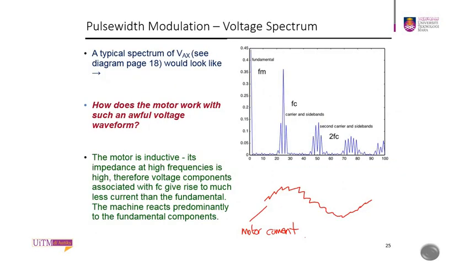So a typical spectrum, this is when we apply FFT to the voltage. If you look at the value of the fundamental, the percentage, this is maybe the second harmonic, the carrier and the sidebands, first the fundamental with the third harmonics.